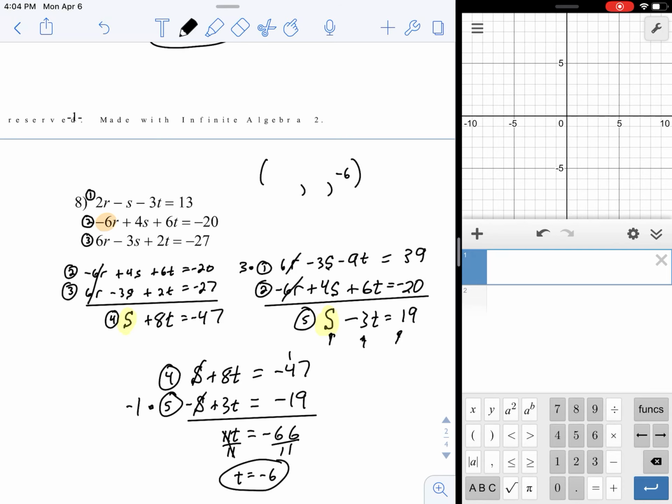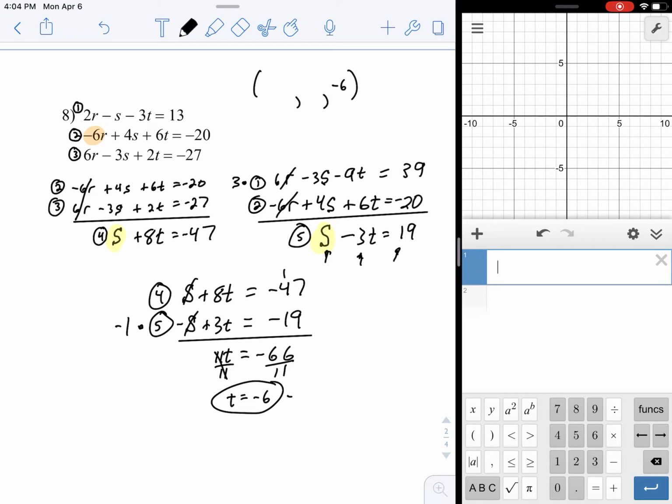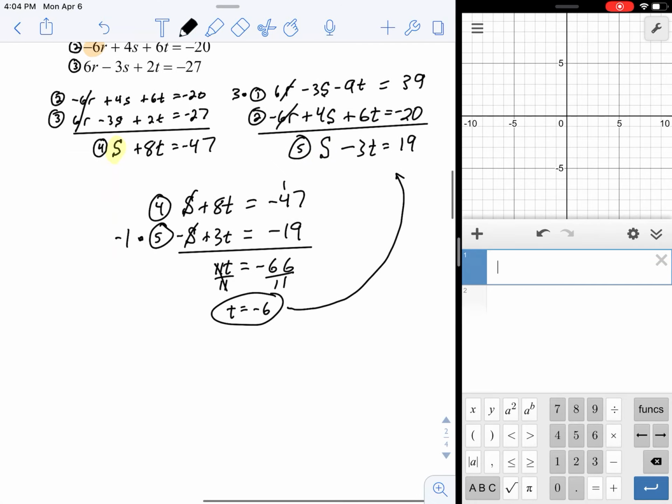That might seem depressing because of all that work we did. But to be honest, solving it from here is not that much more work. So we found t. What you want to do is back substitute this one step backwards. And you can go into either one of these 2 equations, 4 or 5. Since I drew the arrow to 5, I'm going to use that. s minus 3t, but instead of t, now that's a -6, equals 19.